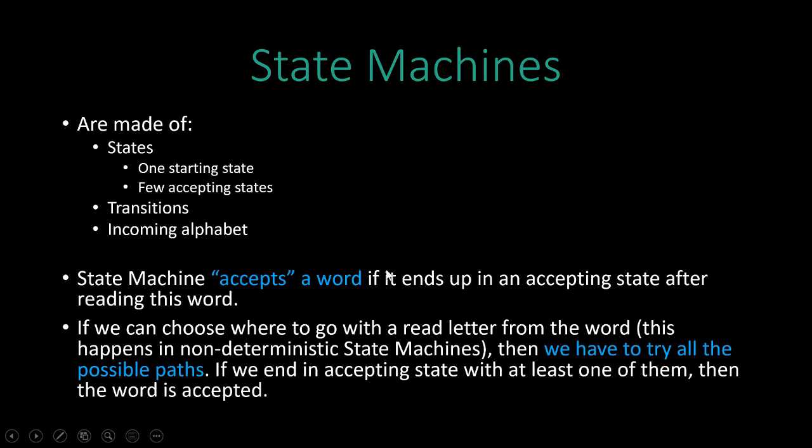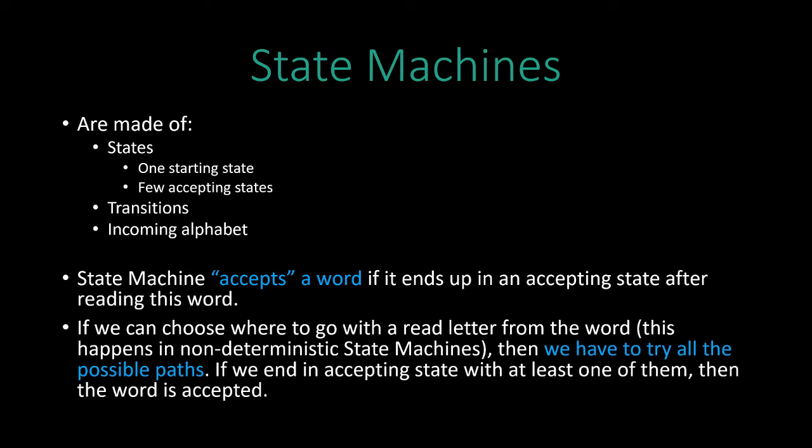In that case, we have to try all the possible paths, and if at least one of those paths ends in an accepting state, we accept that word. So these are harder to evaluate, and sometimes also harder to check, but it's easier to design with them because you can just split the paths however you want.